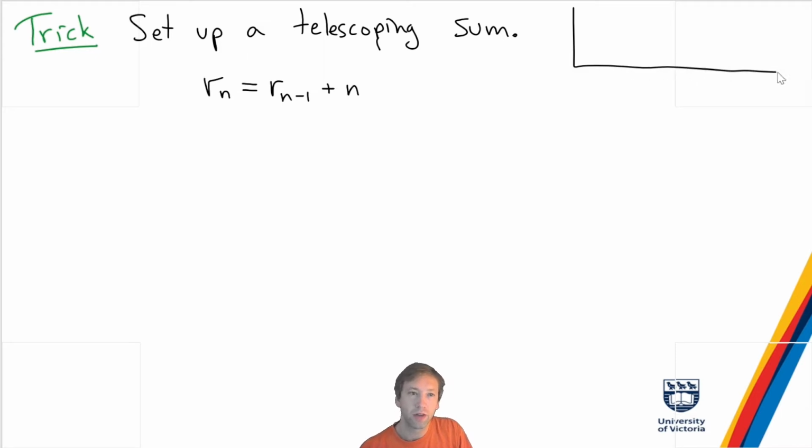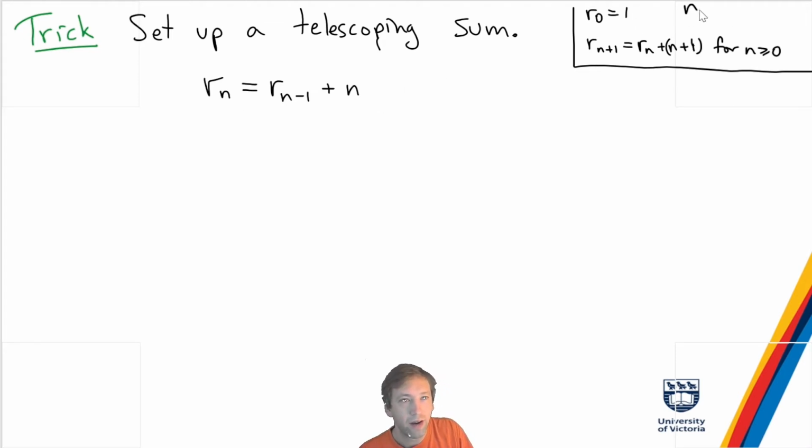Our recurrence was generally that R0 is 1, and Rn plus 1 is Rn plus n plus 1 for n at least 0. But you could also write it like this: Rn is equal to Rn minus 1 plus n for n at least 1. Of course, these two ways of writing it are exactly the same.